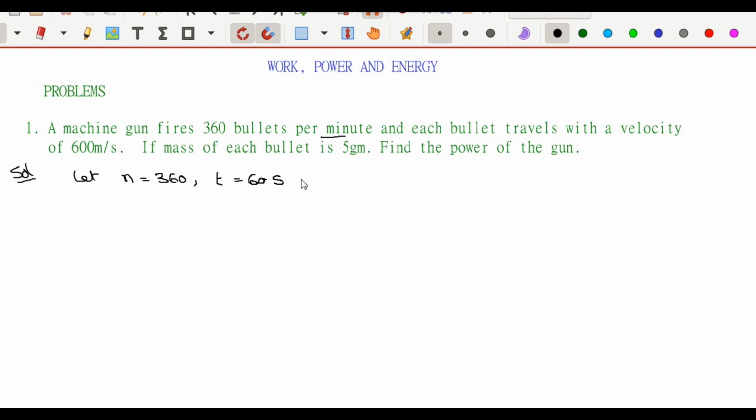Each bullet travels with velocity v equal to 600 meter per second. The mass of each bullet m is equal to 5 gram. We have to convert this CGS system into MKS system, that means 5 into 10 power minus 3 kg.